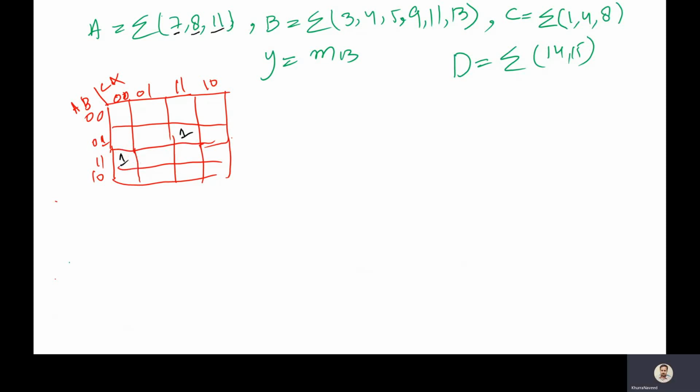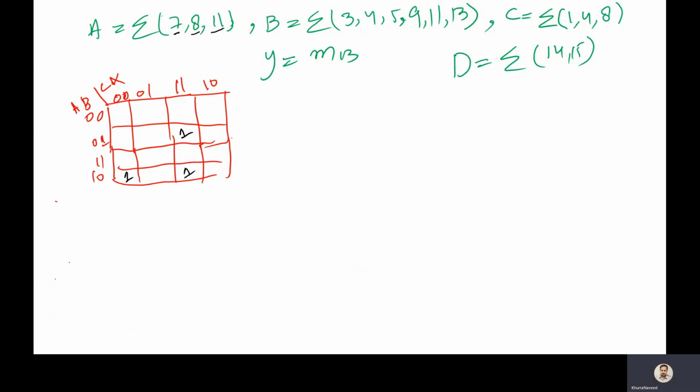This is 8, and this is 11, and we have 14 and 15 also with us.